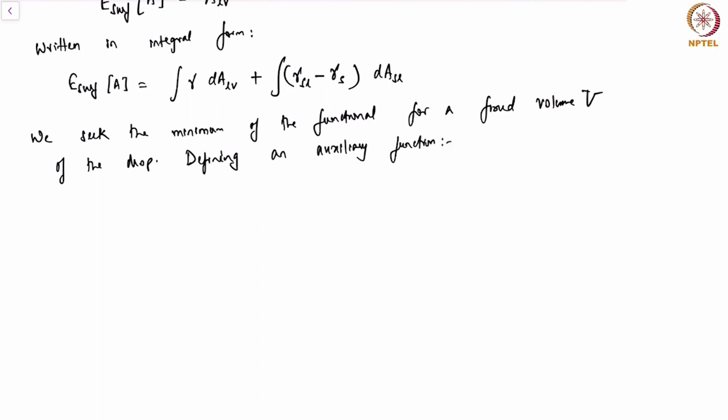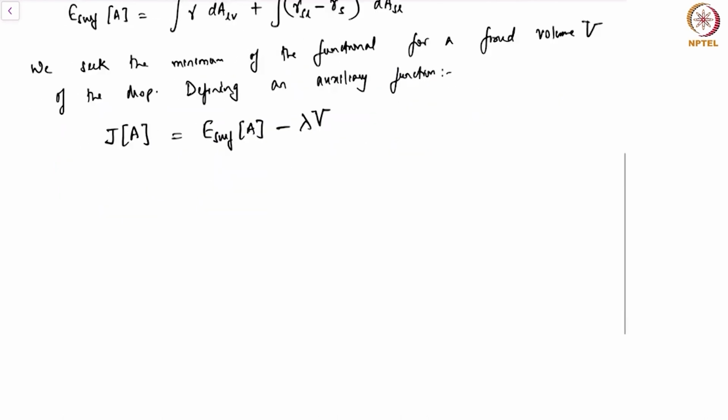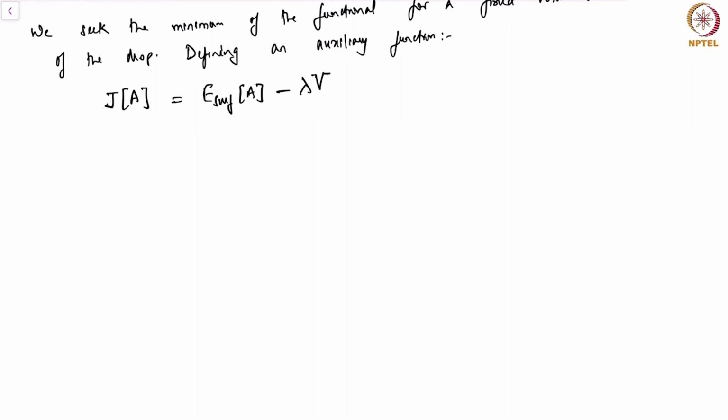For those students who may not be familiar with the auxiliary function, please look at the lecture on method of Lagrange multipliers, which is what I'm going to use now. So we'll call the auxiliary function J, which is a function of A. This is E surface of A minus lambda V, right?